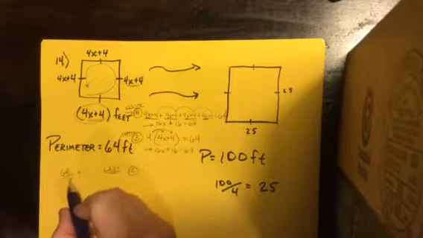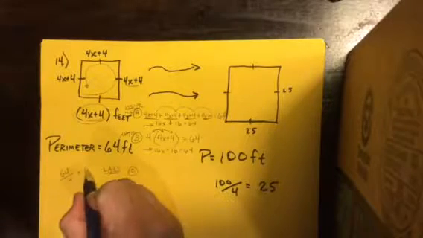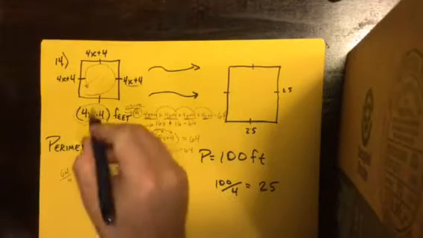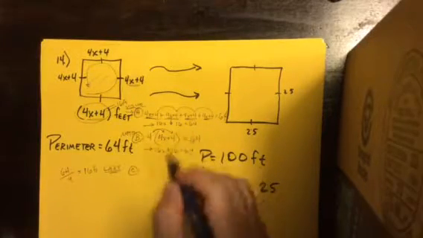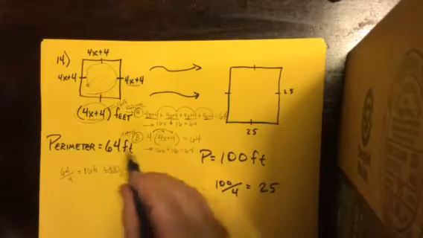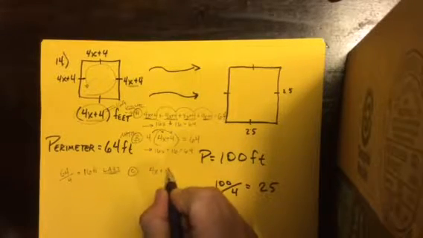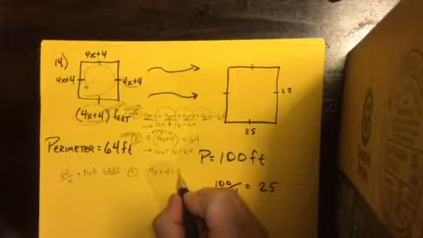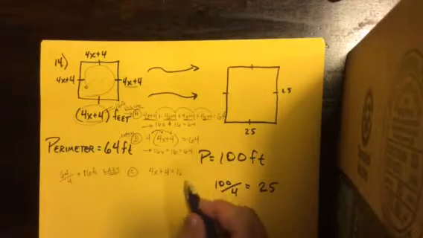Plug that into your mathematical calculator, and you get 16. So one of these sides is just 16 feet. So instead of doing all of that mess and a whole bunch of x's, they wind up with one of those sides, 4x plus 4, just equals 16. You're going to get the same answer on all of these, no matter what.